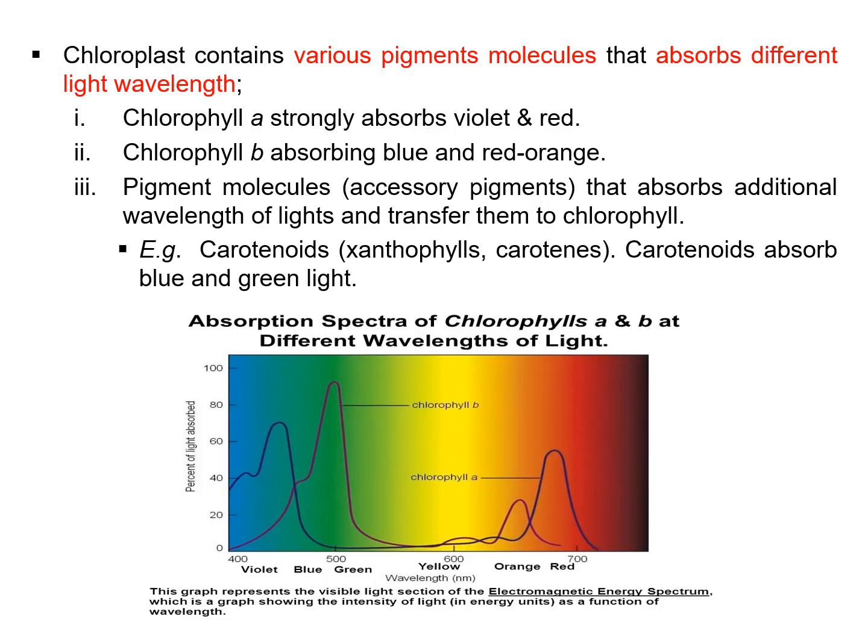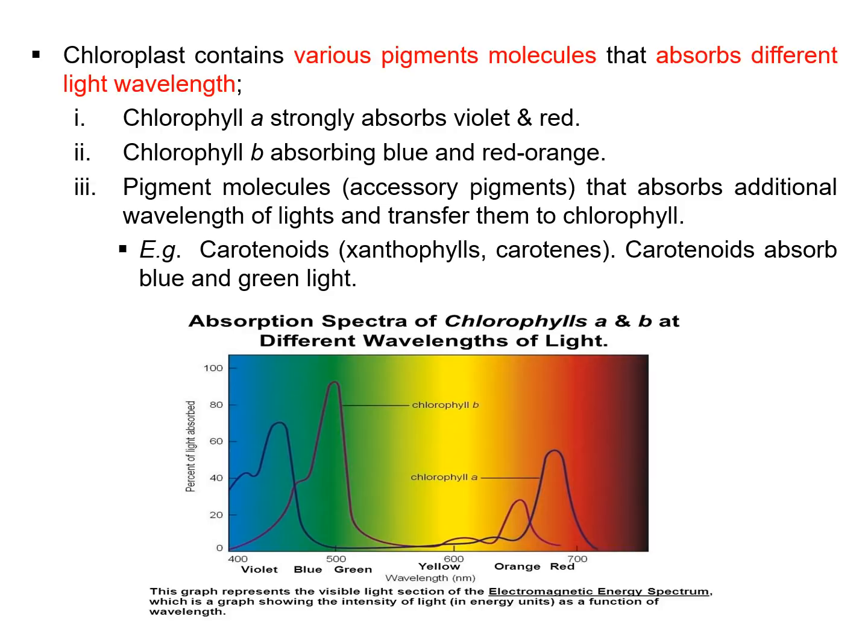The other types of pigment molecule will also do the same thing, which is selective wavelength absorption, depending on what type of pigment molecule and what type of light wavelength is to be absorbed.